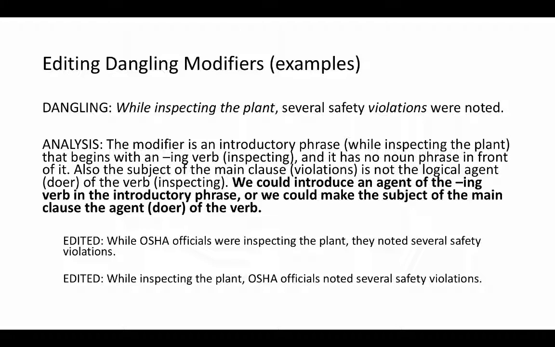They noted several safety violations. Or, while inspecting the plant, OSHA officials noted several safety violations. In this edit, we made the subject of the main clause the doer of the verb inspecting. OSHA officials can inspect plants, but as with the original sentence, violations cannot inspect plants.